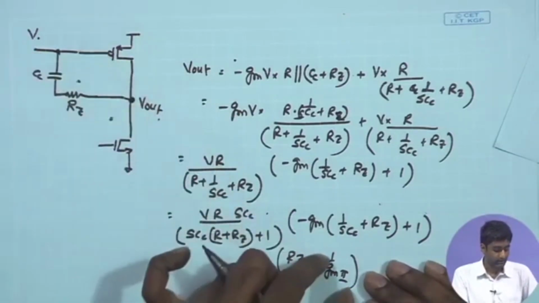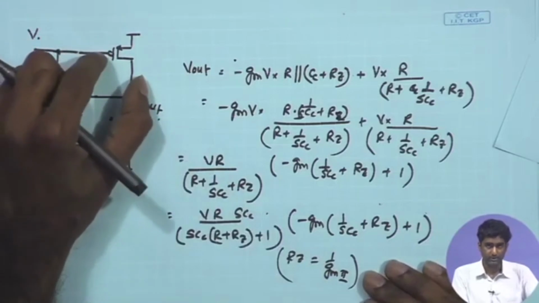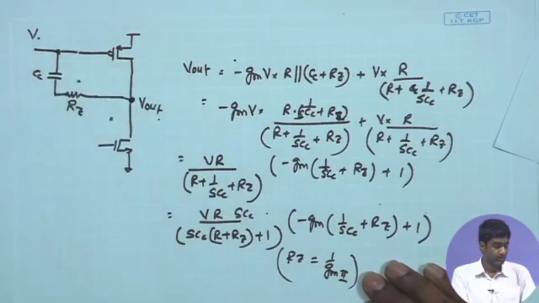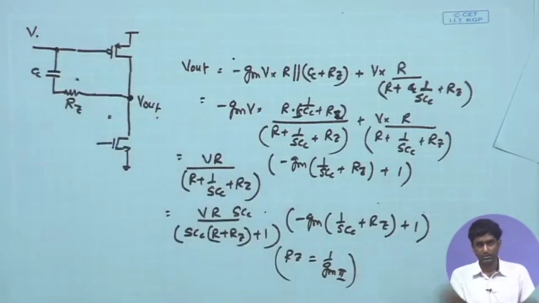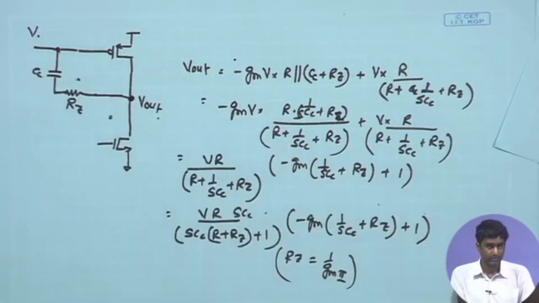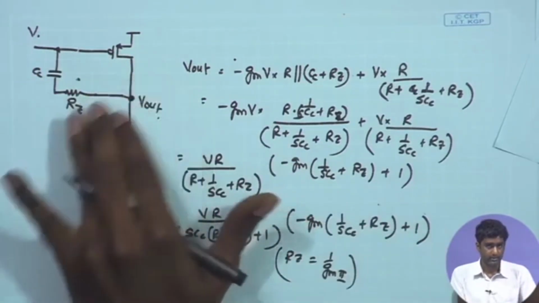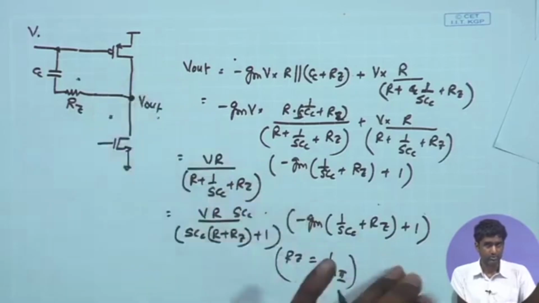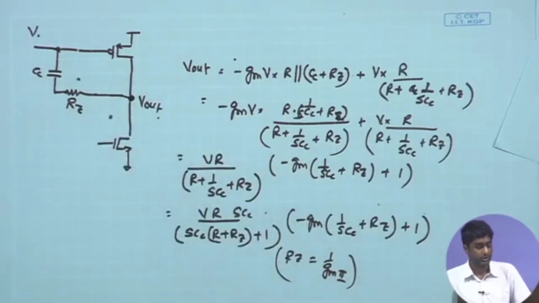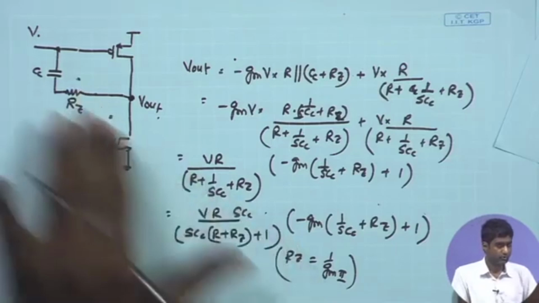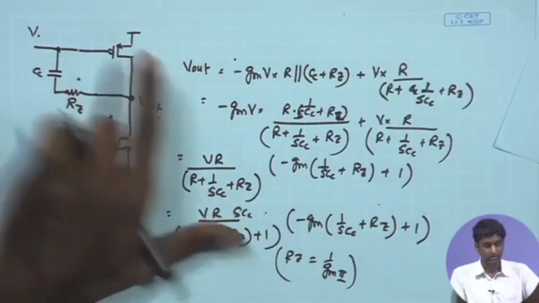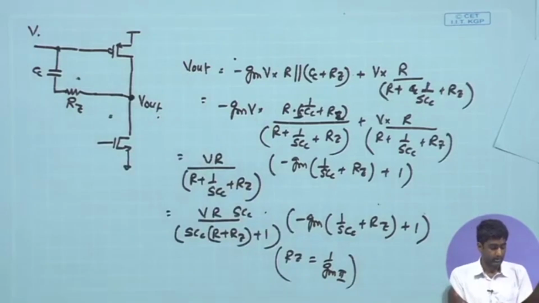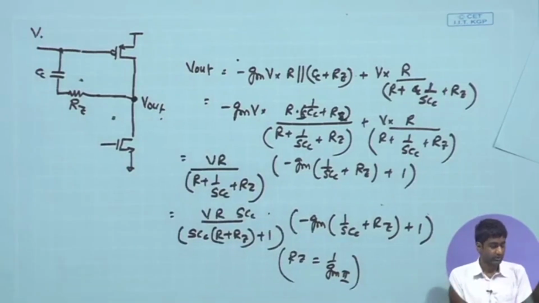So, you can have a wide range in the values of gm that you get after fabrication, and therefore, if you set Rz equal to 1 upon gm2 in simulation, it is not necessary that after fabrication you will get exact matching values, and hence you will be able to cancel out the zeros. So, we need to make sure using some techniques that the matching between this Rz and the gm2 is pretty accurate and independent of process and temperature.